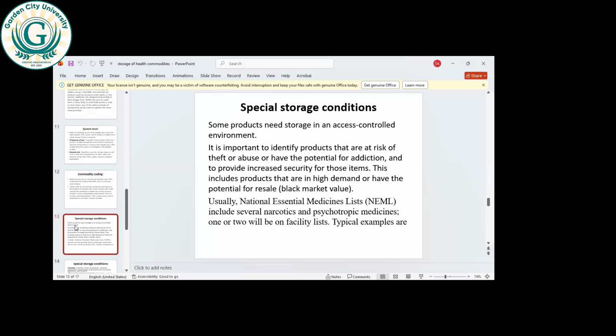Then we talk of special storage conditions. Some products need storage in an access-controlled environment. When you talk of an access-controlled environment, what is it? It is important to identify products that are at risk of theft or abuse or have the potential for addiction, and to provide increased security for those items.